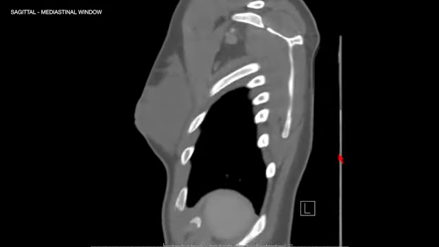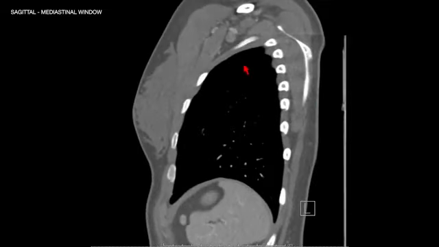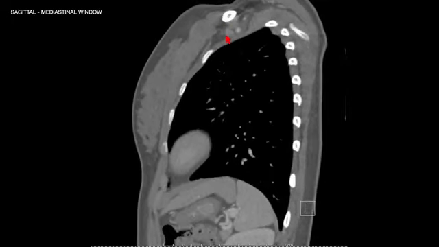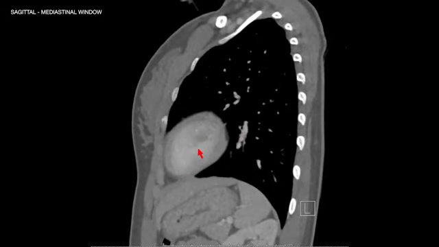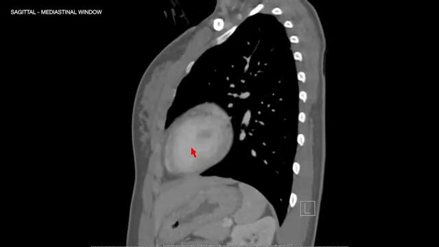Same anatomy can be appreciated on the sagittal reformatted images. As we go from left to right, we can see the subclavian artery and vein under the left clavicle, then we get to the chest. The first chamber we see on the left is the left ventricular apex.